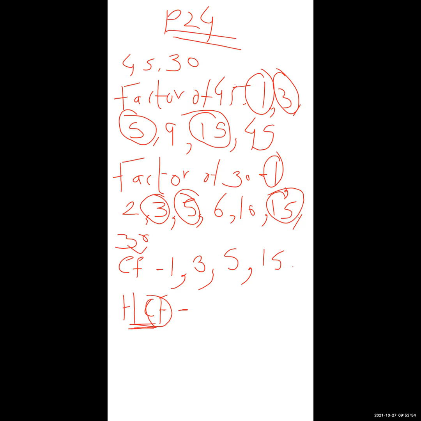Which is the highest common factor? Very good, that is 15. So the highest common factor is 15. Is it clear?